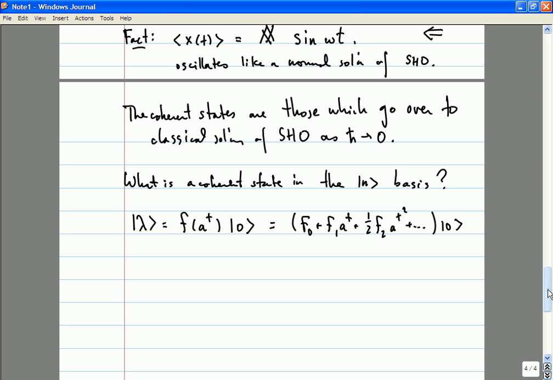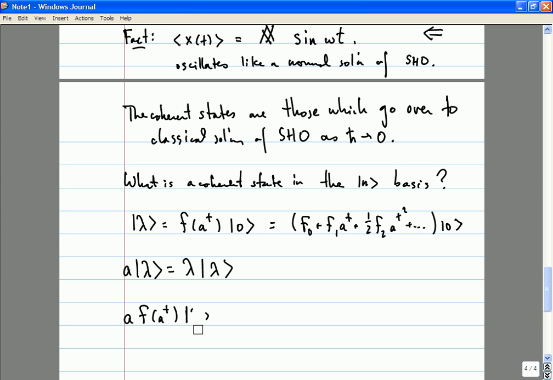So let's determine exactly what that function f is. How are we going to do that? Well, I'm going to use the defining equation that a acting on lambda is just a constant times lambda. So plugging in my expression above, I have a times f of a dagger acting on 0.